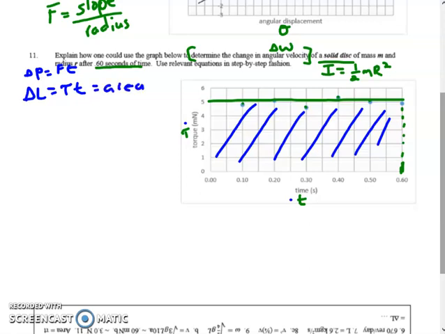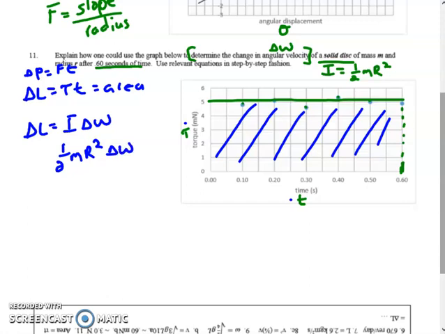Now that we know that, how do we get the change in angular velocity? Delta L is also equal to I times delta omega, just like delta P is m delta v. I is 1/2 mr squared, and delta omega is what we're looking for.